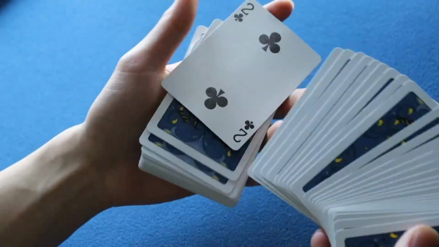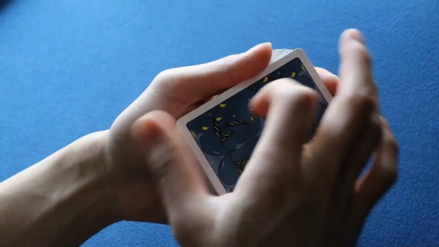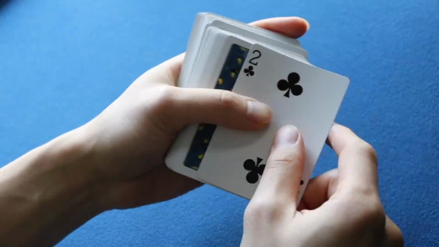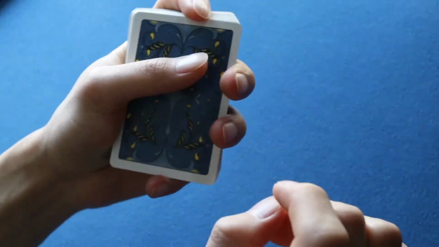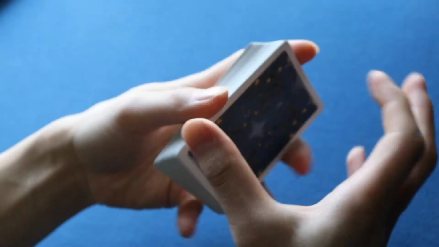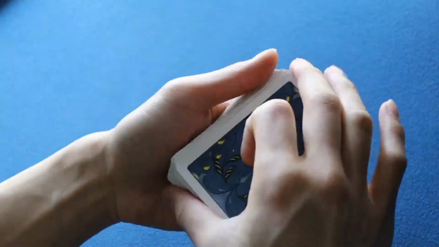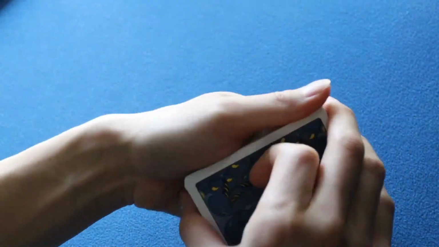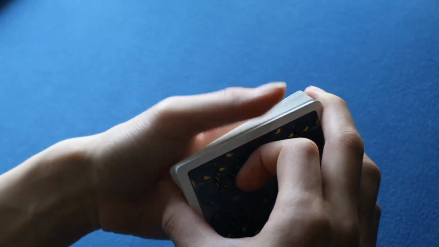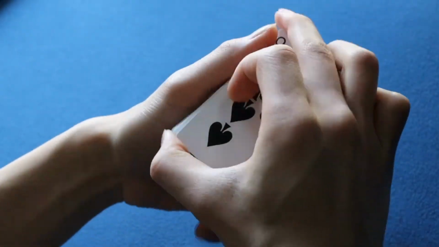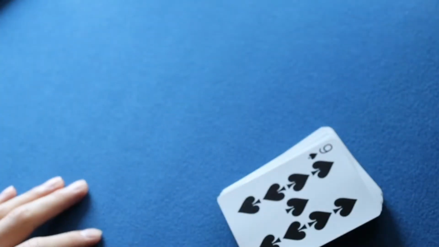You can have a card selected, keep a break, talk a bit, transfer to an Earth break, talk a bit more, stick your pinky in there, execute the pass, and that's it.